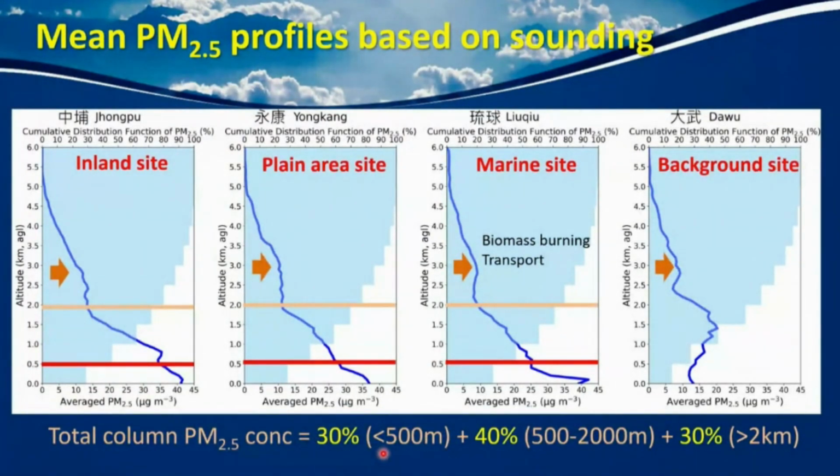If you are interested in the integrated PM 2.5 concentration, which is AOD, the vertical column of aerosol, the surface layer below 500 meters accounts for about 30%, between 500 and 2,000 meters is about 40%, and above 2 kilometers is about the other 30%. So this is the total of 100.